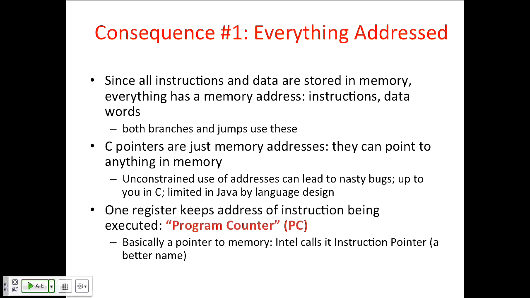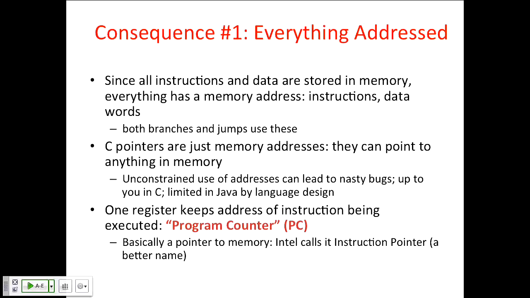So jump ahead by 10 bytes or 16 bytes, or jump backwards by 128 bytes. So you're going to use that immediate to code an offset from the current program counter. And so the immediate is a 2's complement value. So the question is, well, how far can I jump backwards or forwards from the current location? So you have plus or minus 2 to the 15, because it's 16 bits with a sign bit. That's the range.